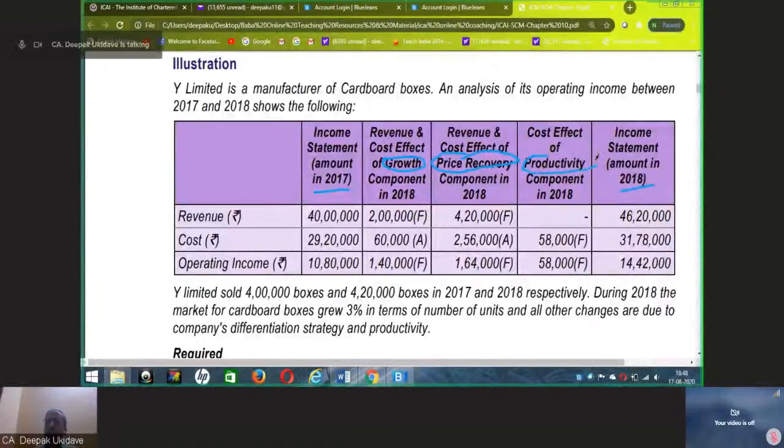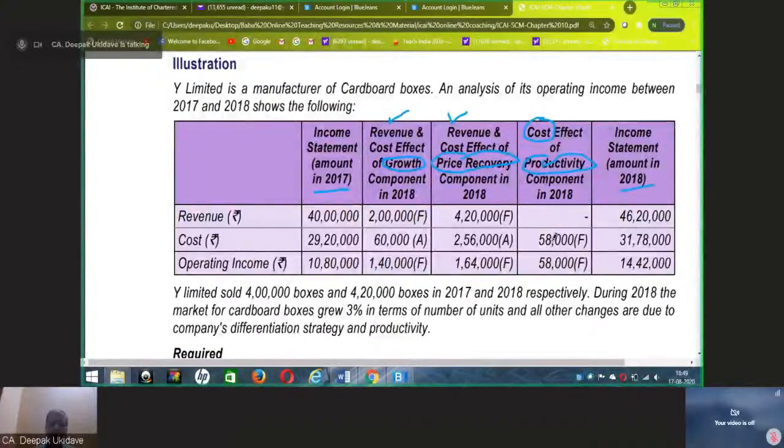So what is the effect of cost and revenue? In terms of growth and price recovery, there is revenue and cost. Here also there is revenue and cost. But in terms of productivity, only cost. You can make out, only cost. Right? And all the calculations are in front of you. You don't have to separately calculate these figures. They are given, favorable or adverse.